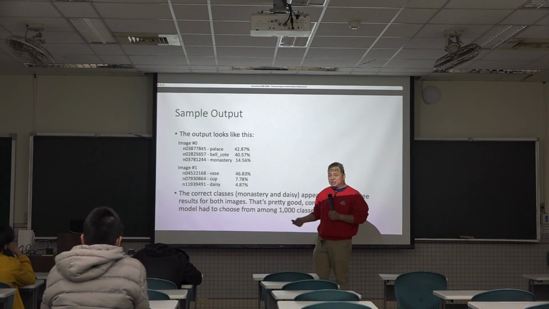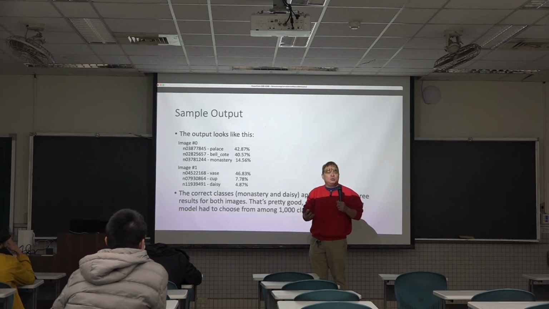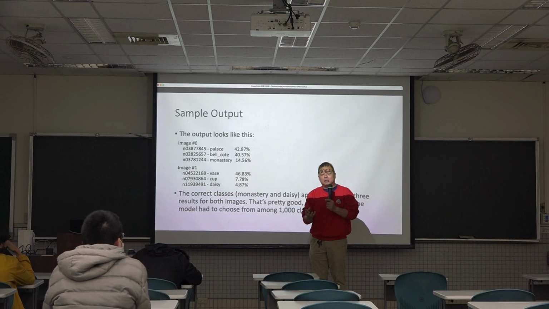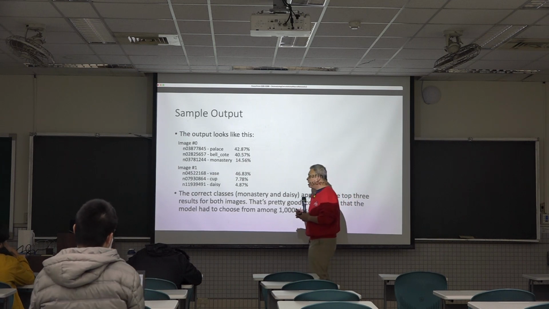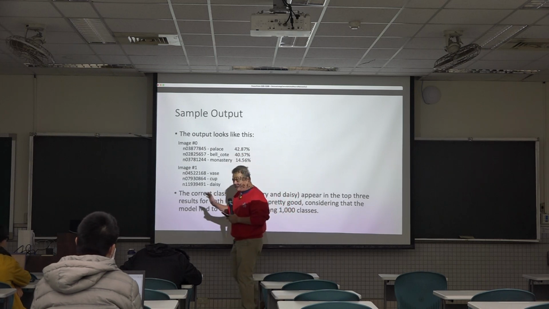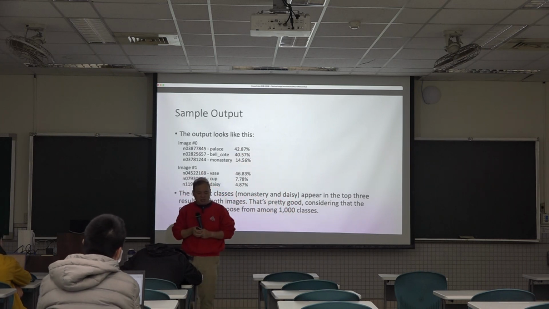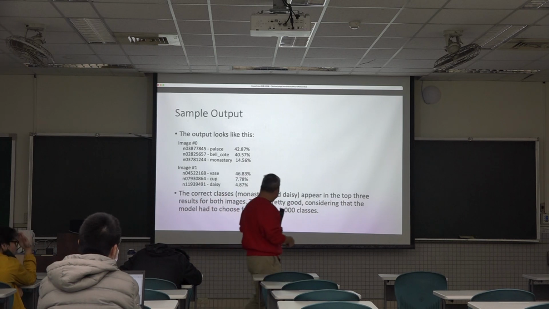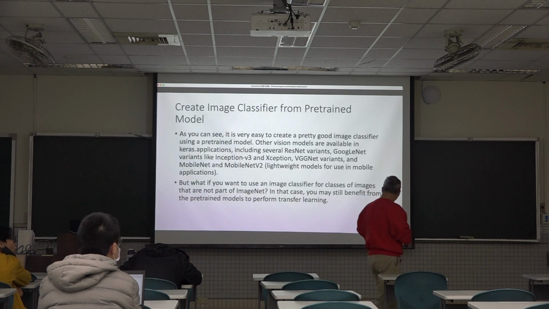So the vase and cup from a certain angle, if you do not know the scale, if you don't know how large it is, they could look very similar, right? So some of those classes are actually very difficult to tell. Just want to give you an idea.